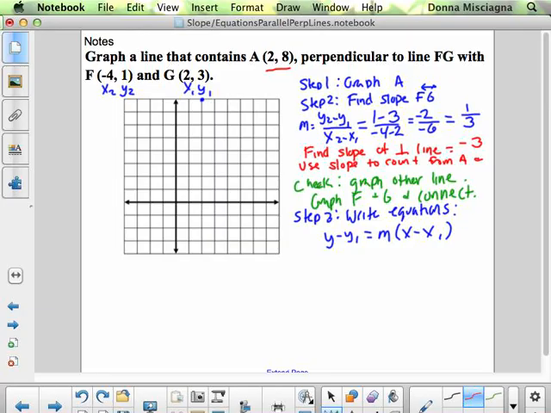By the way, make sure you're taking notes with me. What I have already written down is pretty much already in your notes. What I'm writing down as I make this video is not in your notes, and you'll write that down as well. So we have the slope of -3, and we're going to use the slope to count from A and graph more points.